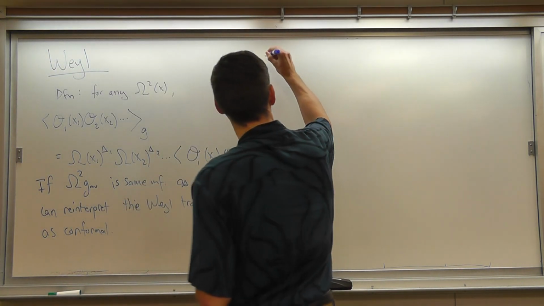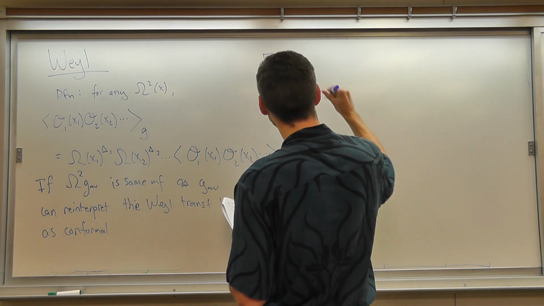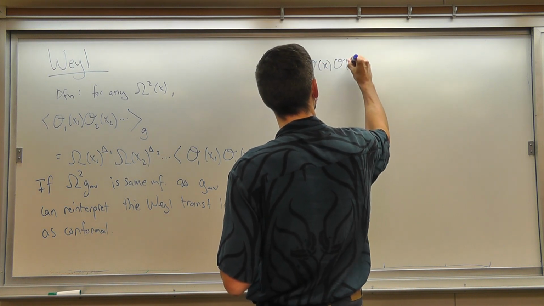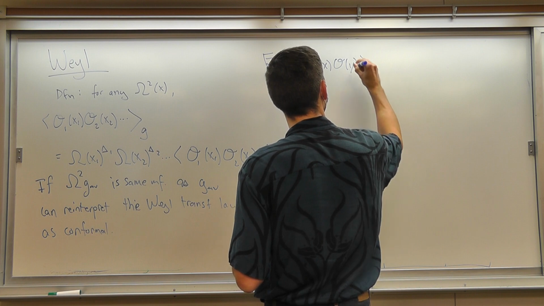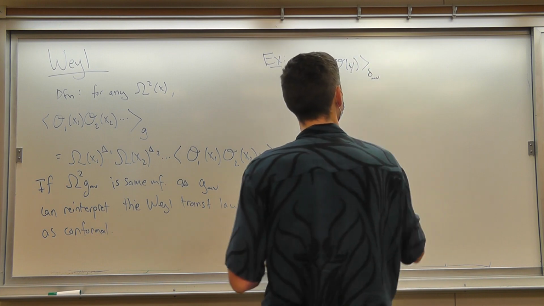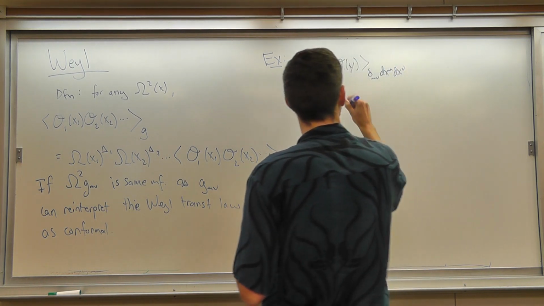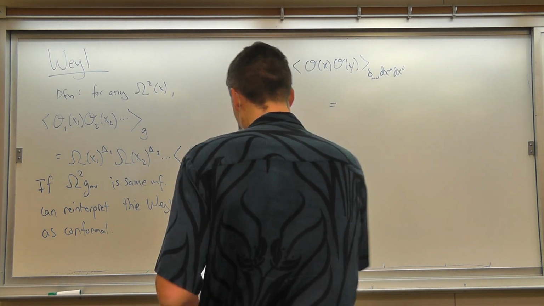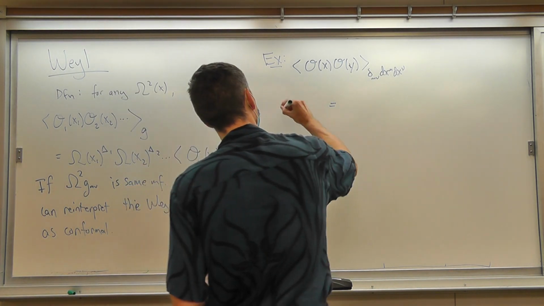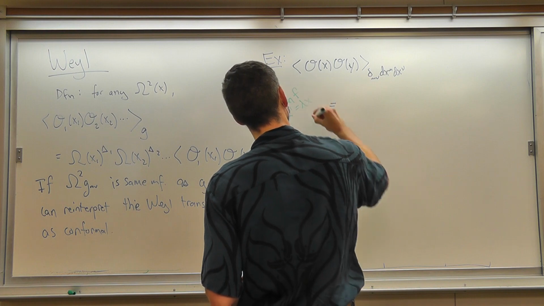So let's check. For example, let's look at a two-point function in flat space. So in the metric delta mu nu, dx mu, dx nu, let's do the conformal transformation with x prime equals lambda x.